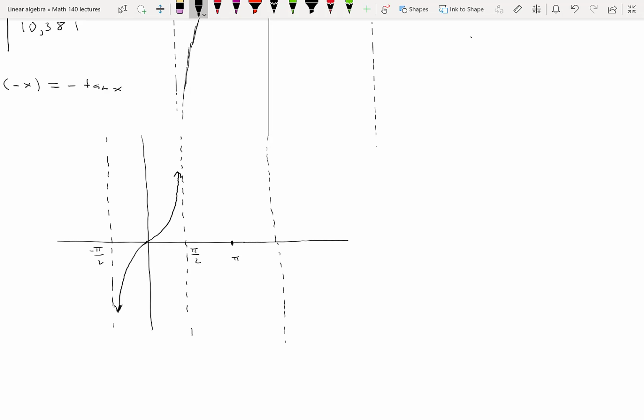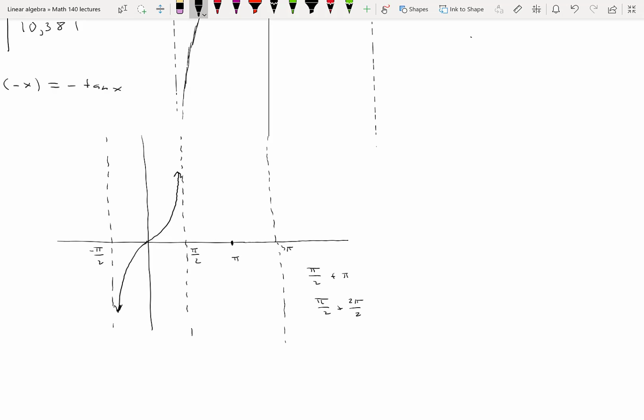The next asymptote would be pi away from pi over 2. So it would be at the previous asymptote plus pi more, or at the previous asymptote plus 2 pi over 2, or 3 pi over 2.